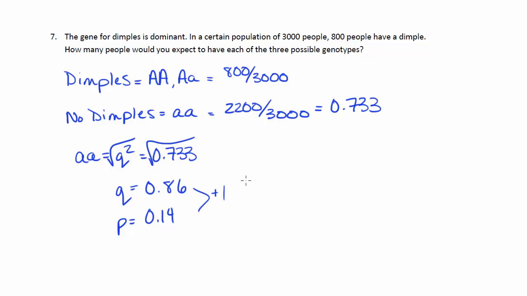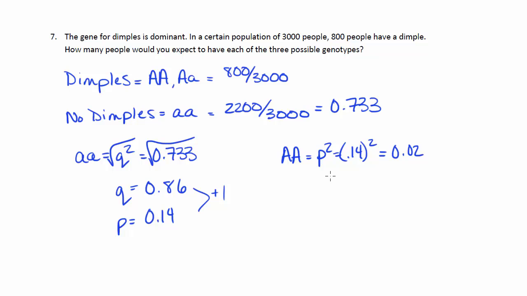If we wanted to look at how many people we would expect to have a dimple, it may not come out to be 800. If we first calculate the frequency of big A that we would expect, this would be P squared. So we take 0.14 and square it, which is equal to 0.02.